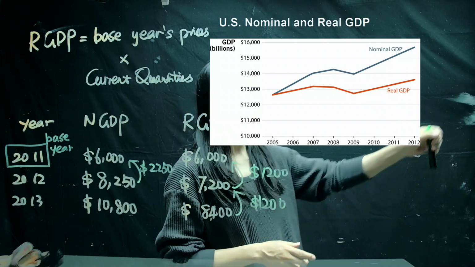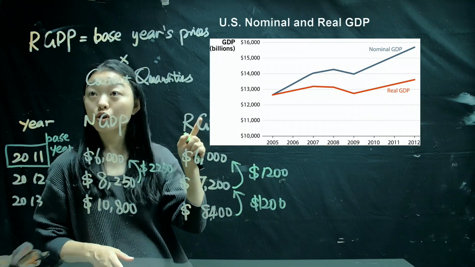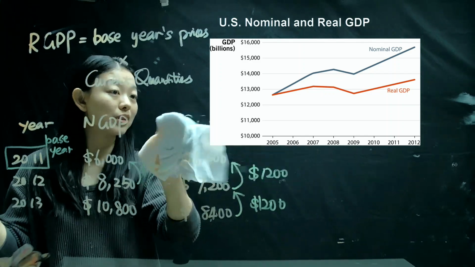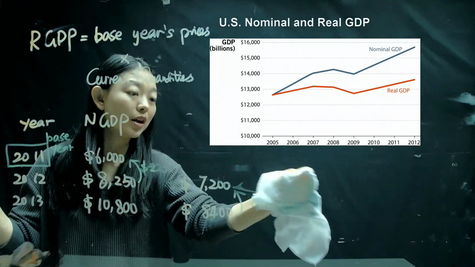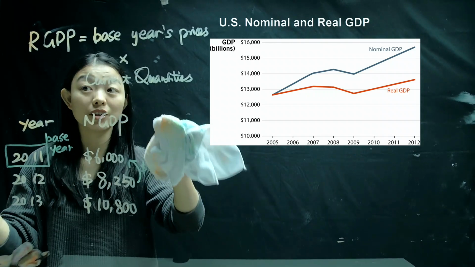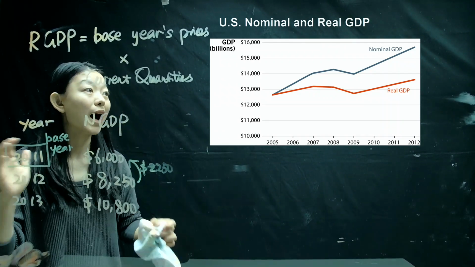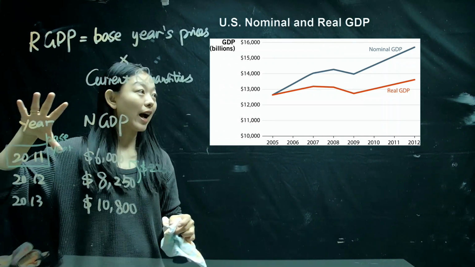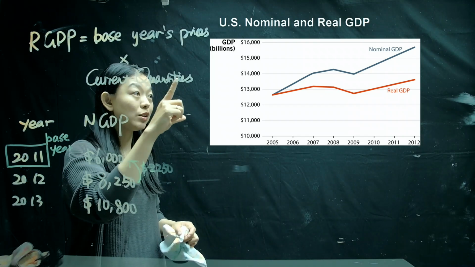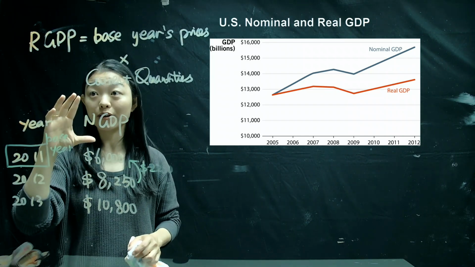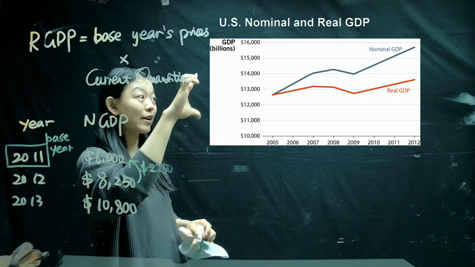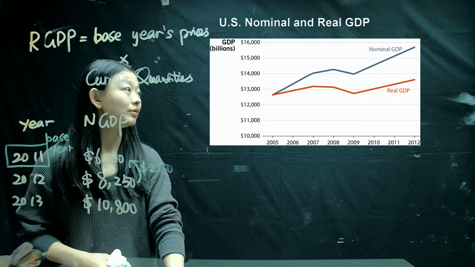You can see if we use the year 2005 as the base year, both real GDP and nominal GDP are the same for the year 2005, right? However, after that, you can see there is a gap between real GDP and nominal GDP, and that gap actually reflects inflation.